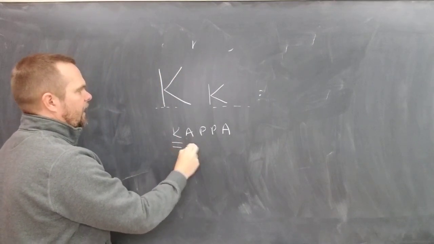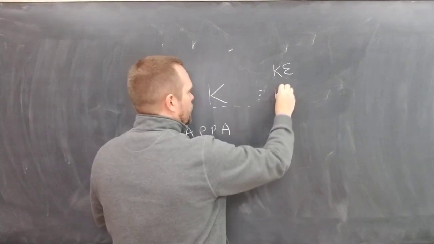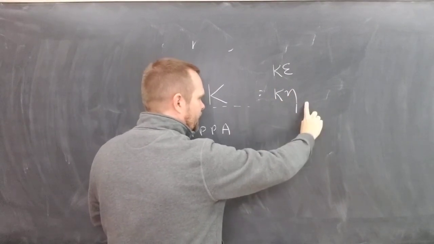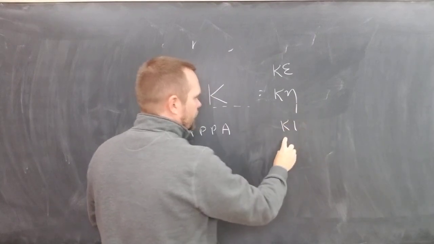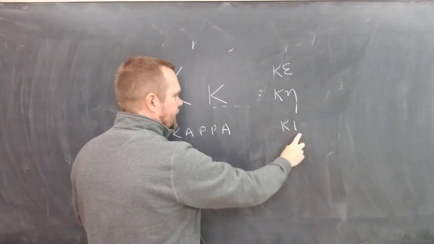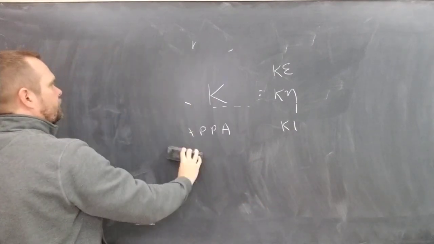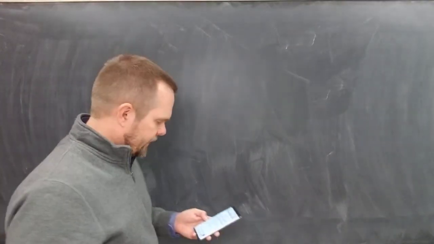Here's a syllable, ka. We can have ke. That's kappa eta. So ke, long e, ke. Kappa iota, ki, ki. The Greek consonant kappa. Easy to recognize in Greek because it looks like the letter K.